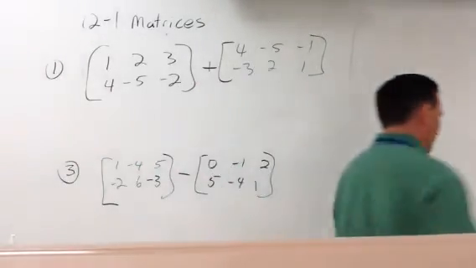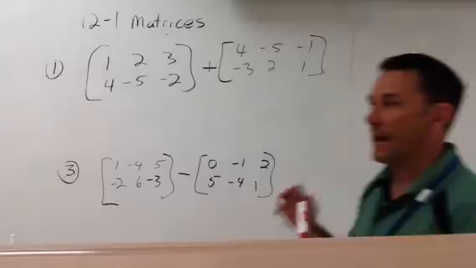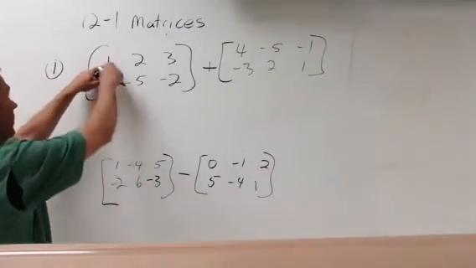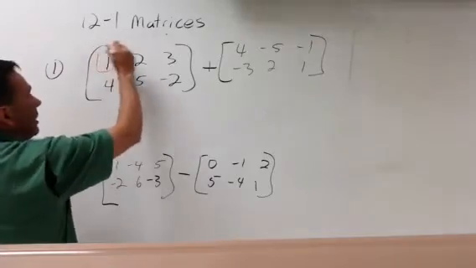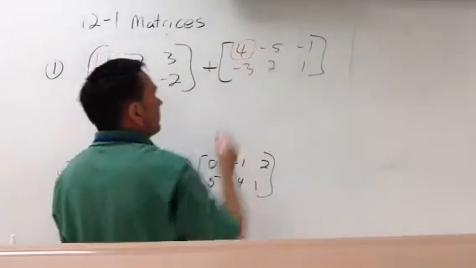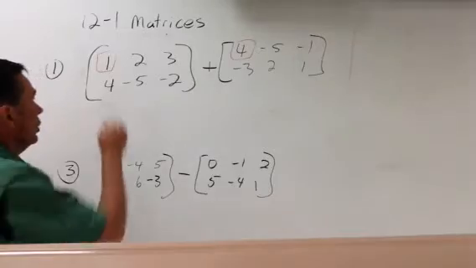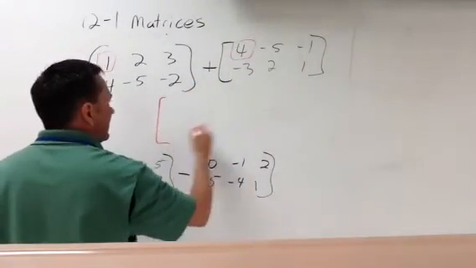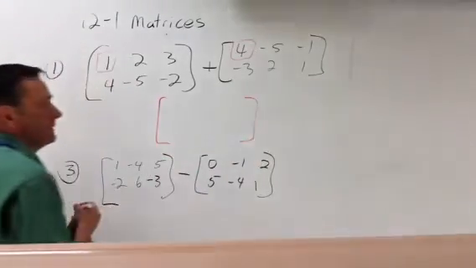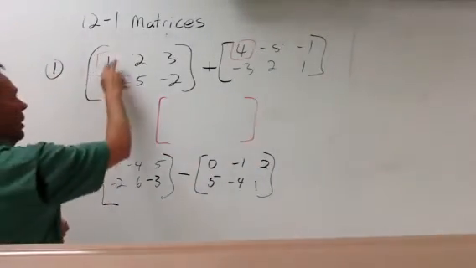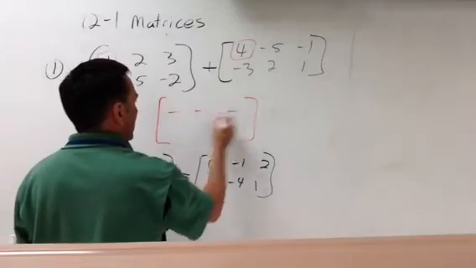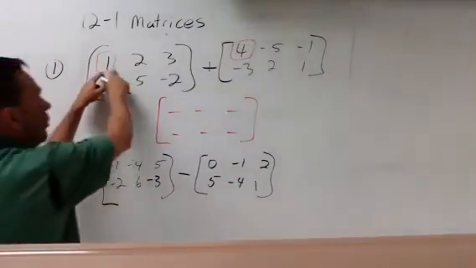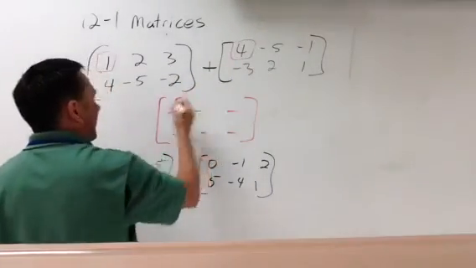When we do, we add up the similar elements. First row, first column, we add with the first row, first column. This will result in the same size matrix, a 2 by 3. So 1 plus 4 is 5.